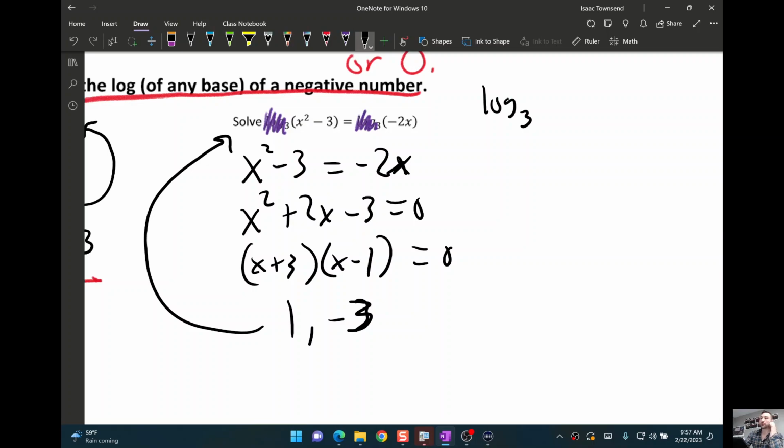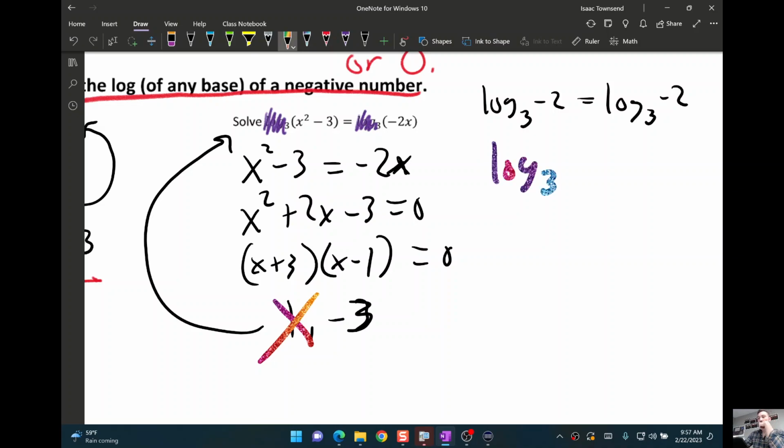If I plug in a 1, it does make the left and the right equal, but you can't take the log of a negative number. 1 is extraneous. If you include it as part of your solution, it is not correct. Whereas if I plug in negative 3, 9 minus 3 would be 6.